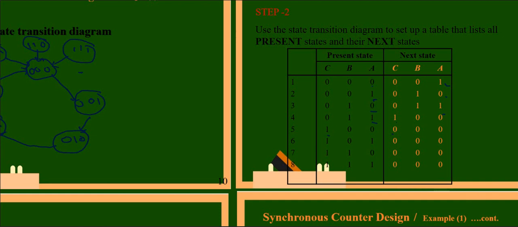So 5, 6 and 7 all have next state all zeros. This is the state transition diagram used to set up a table that lists all present states and next states.